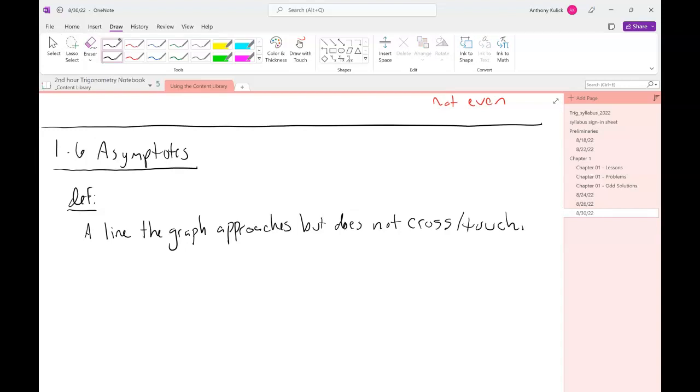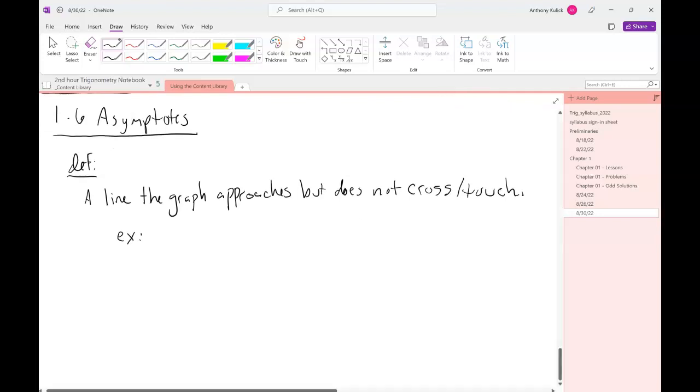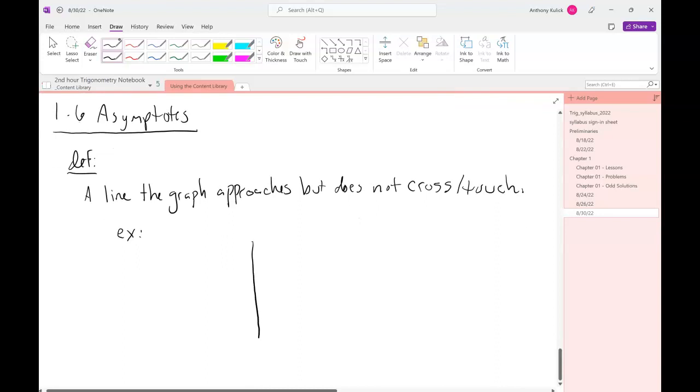Okay. So an asymptote is a line that the graph approaches but does not cross. So let's look at some examples. Typically, when you draw in an asymptote, you'll use a dashed line.